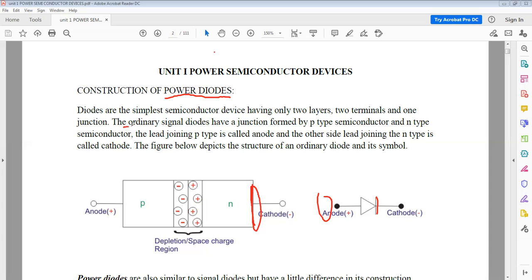The ordinary signal diode or normal diode has a junction formed by p-type semiconductor and n-type semiconductor. The lead joining the p-type is called the anode, and the other lead joining the n-type is called the cathode. The figure below depicts the structure of an ordinary diode and its symbol.